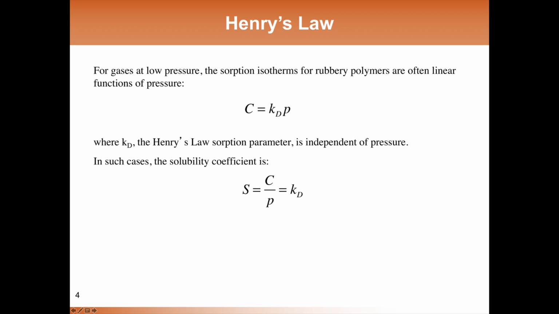And a simple model of that is that the gas concentration in the polymer is equal to the pressure or partial pressure of the gas contiguous to the polymer times Kd, where Kd is a Henry's law constant.